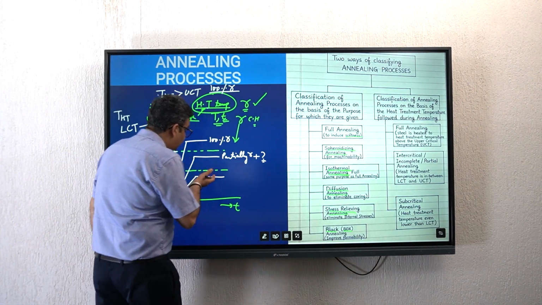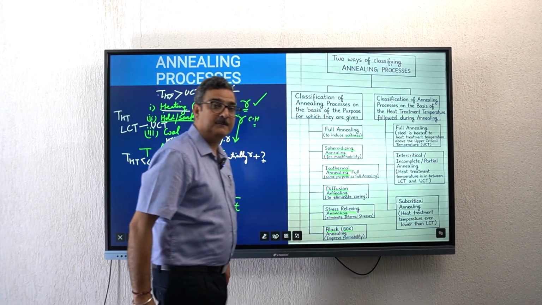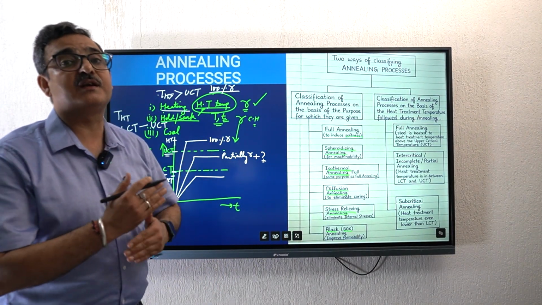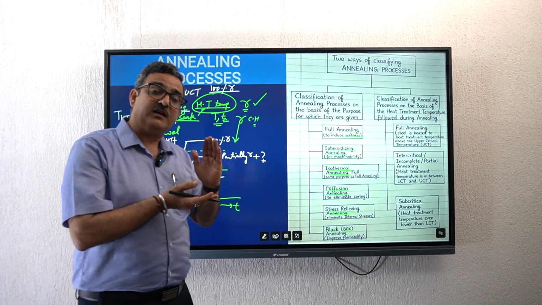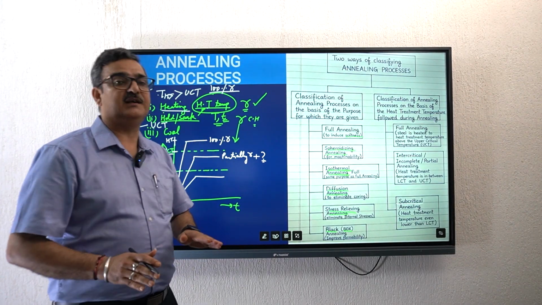And students, in this third case, which is referred to as subcritical annealing, you are not taking a heat treatment temperature even as high as the lower critical temperature of the steel. So you are taking a heat treatment temperature which is even lower than the lower critical temperature of the steel.